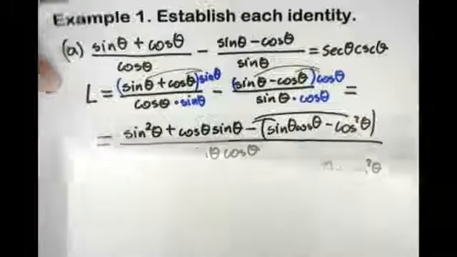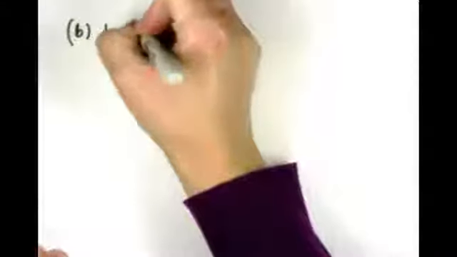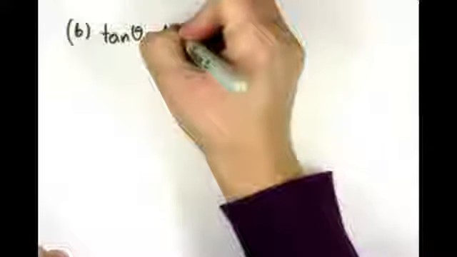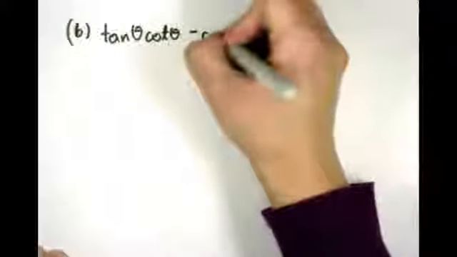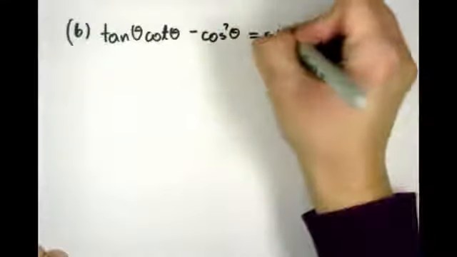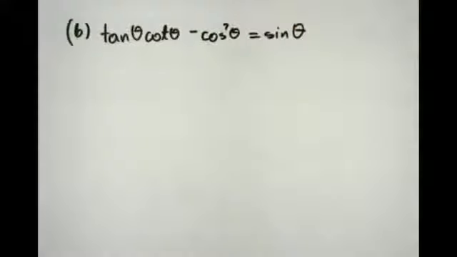Example B. We have tangent theta times cotangent theta minus cos square theta is equal to sine square theta.